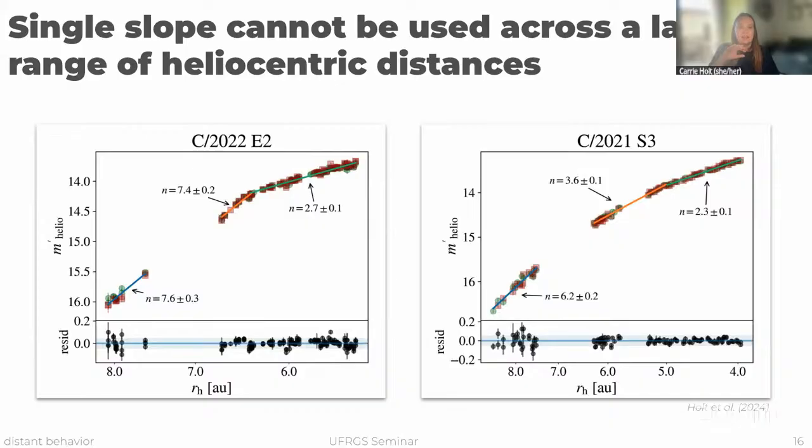And this isn't just a fractional difference. It is a changing slope as the comet approaches the sun. So one of the main takeaways here is that this traditional model that we've been using for decades is really insufficient for these observations that are further from the sun.